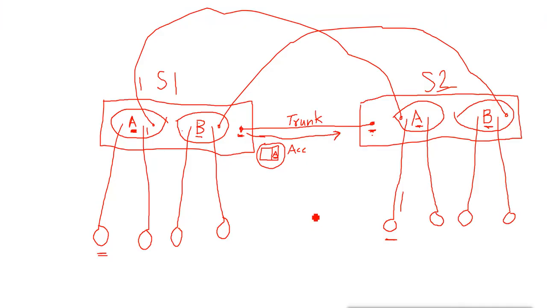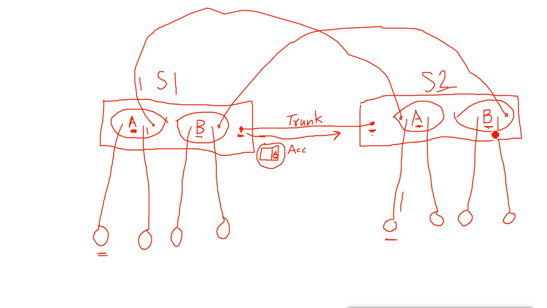So when we convert this port to a trunk, it will go to the other switch. Whenever any data goes out from this port, it will have a tag of its own VLAN. If it is coming from VLAN A, the tag will be the VLAN A ID. If it is coming from VLAN B, it will be tagged as VLAN B. When switch 2 receives the data, it will open the packet, see which VLAN ID is there, and based on that send the data to that particular VLAN.